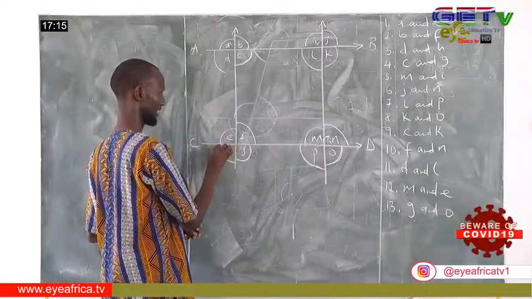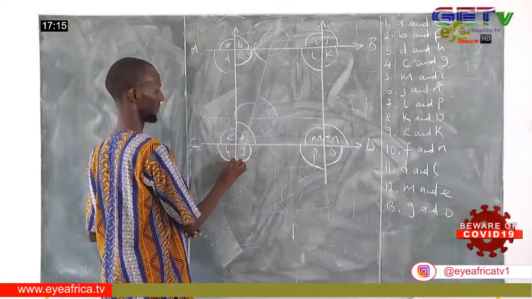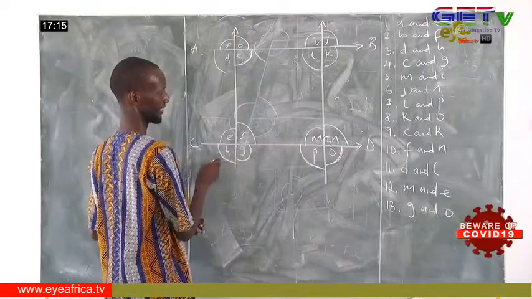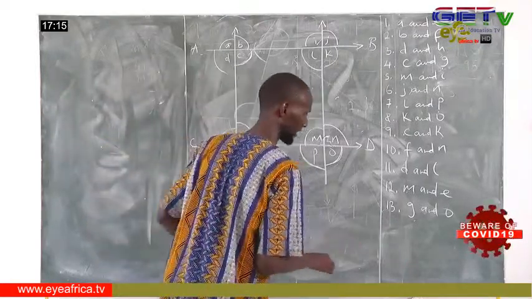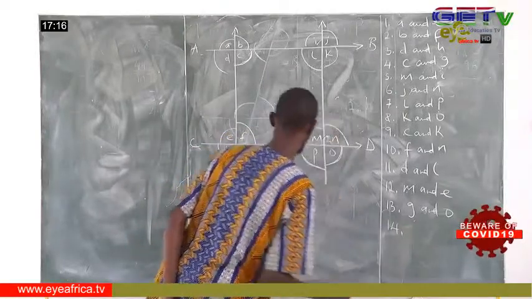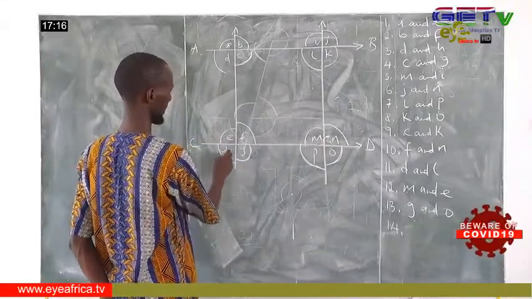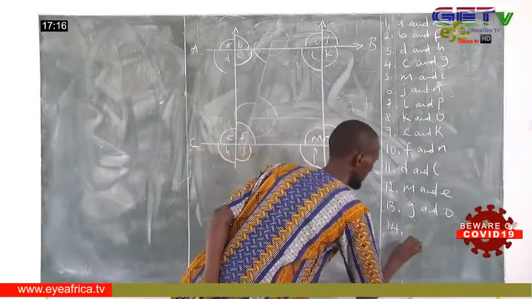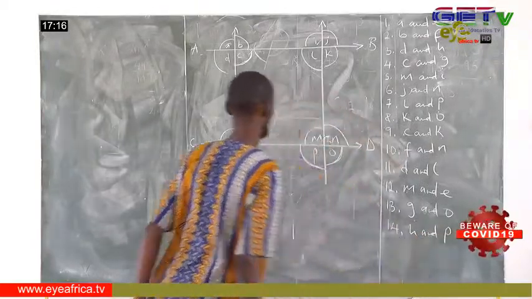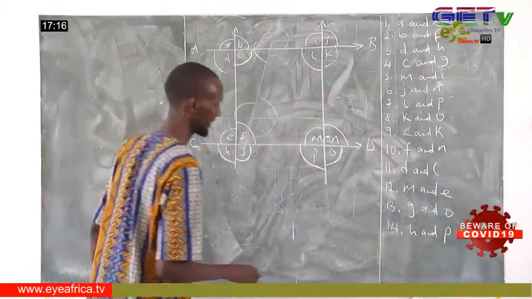Angle H is an outside angle, but they are on the same side. All right? So therefore, they also are corresponding. So you can say 14, that is angle H and angle P.